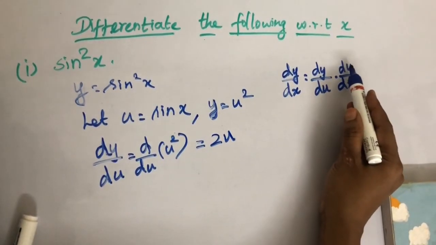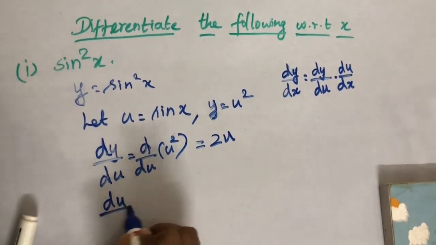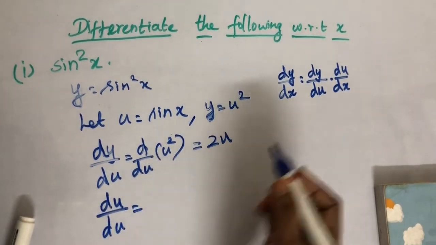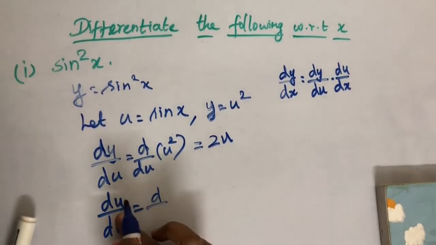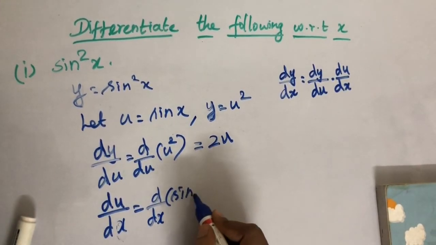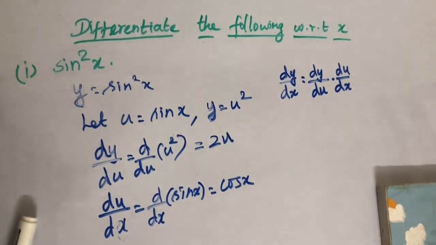Next, we have to find du by dx. What is our u? Our u is sin x. So d by dx of sin x. The differentiation of sin x is cos x.